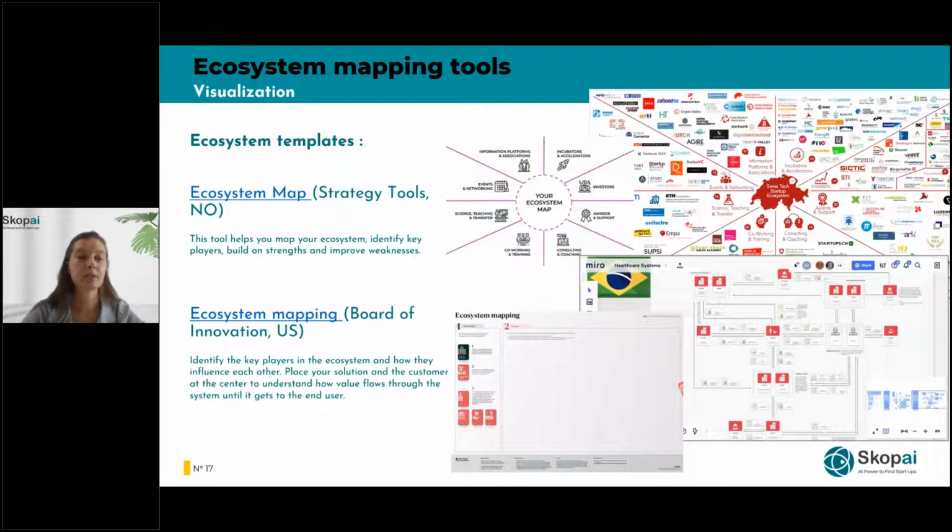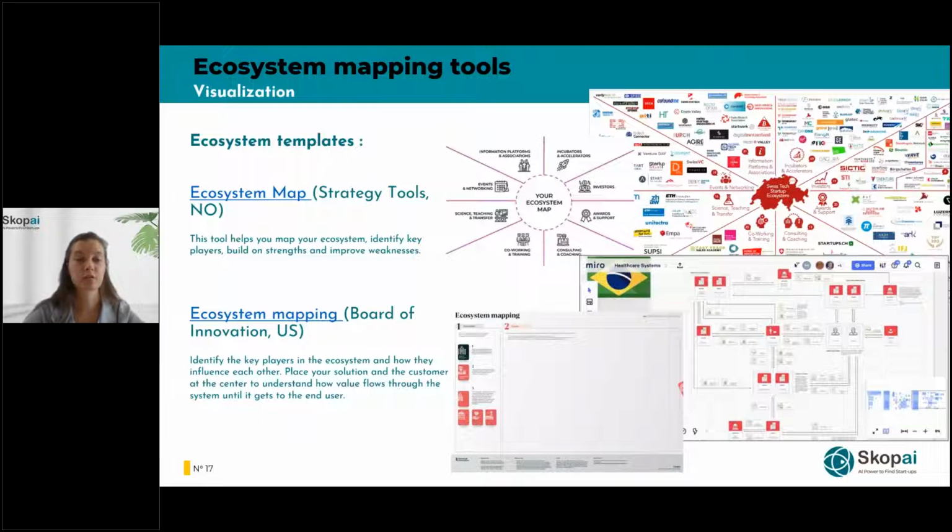The second template, called ecosystem mapping by Board of Innovation, it's a different way to visualize the ecosystem, and it focuses on a particular company. So it allows to identify the players in the ecosystems and how they are related to each other.